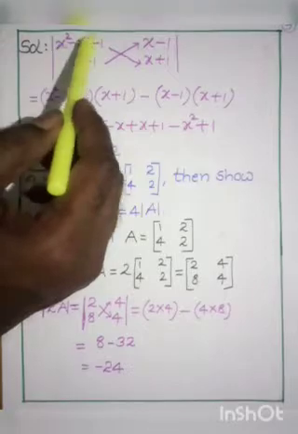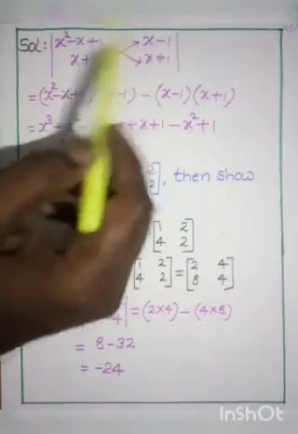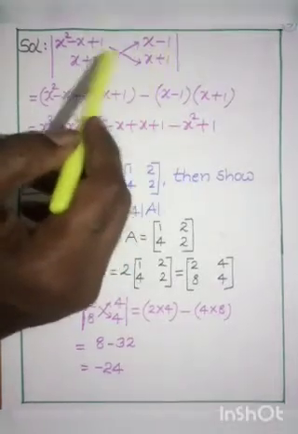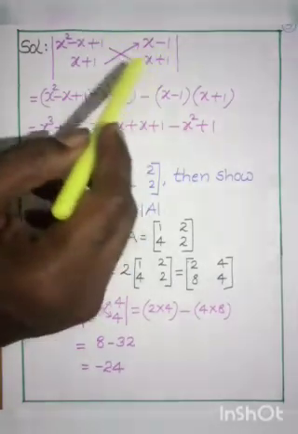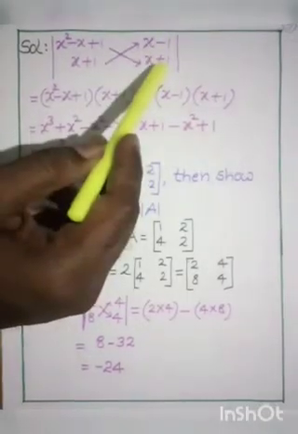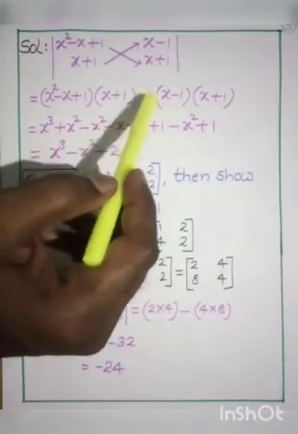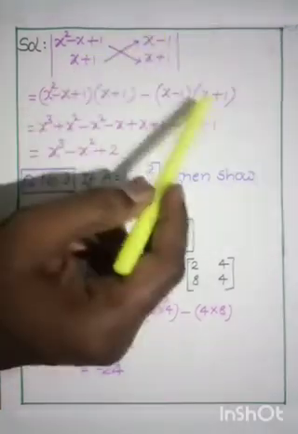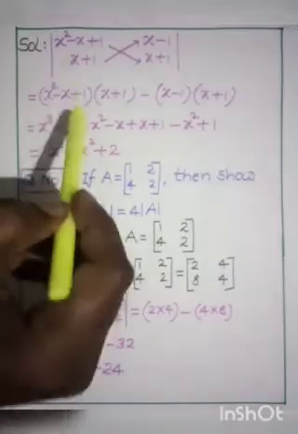This is also a square matrix of order 2 by 2, so we use the cross multiplication knowledge here. This number into this number minus, we keep minus here. Remember this point, my dear children. Minus this number into this number. Understood this step?